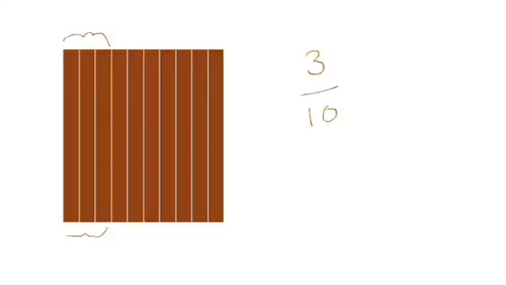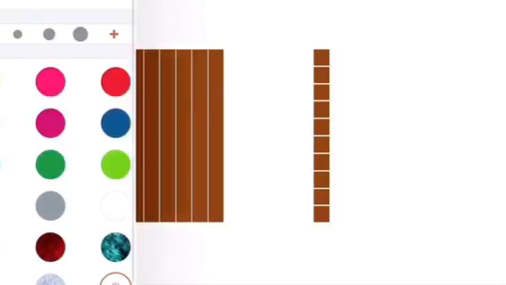Sometimes you might be really so stingy that even that little slice of chocolate brownie is just too much for somebody. I can take my chocolate brownie and I can take one of my tenths. This one here, for example. And I can cut that into 10 individual pieces.